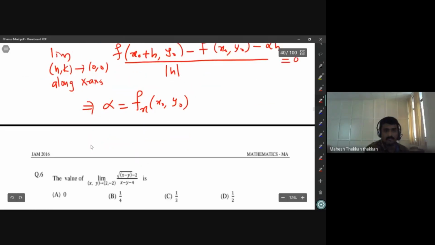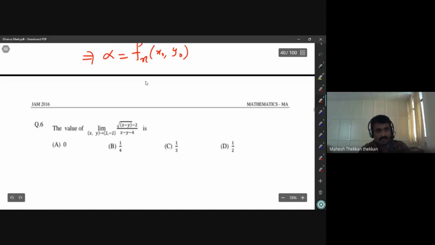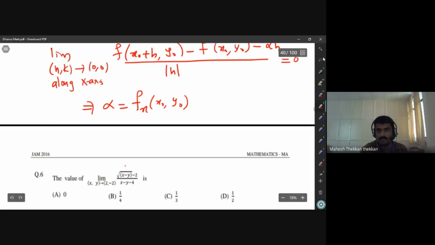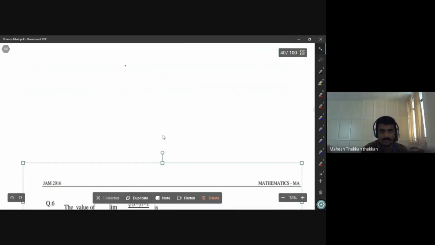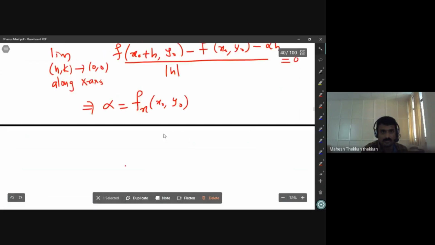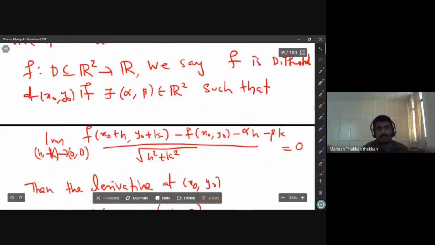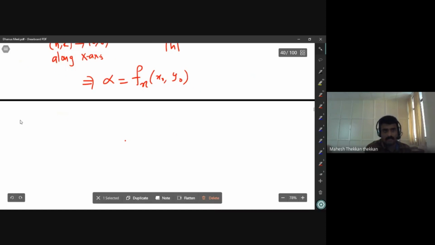Okay, so what you got is alpha is equal to the partial derivative of f with respect to x at the point x naught, y naught. Similarly, you can find beta.